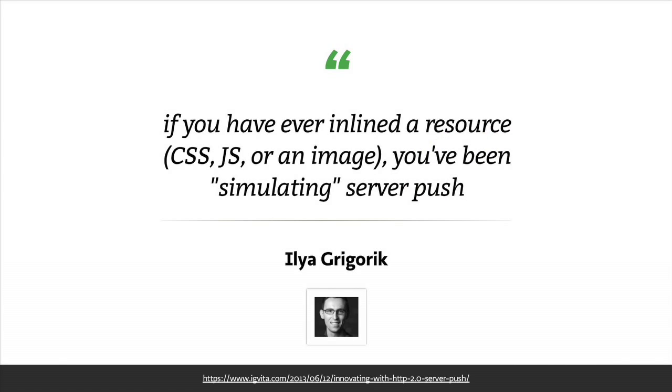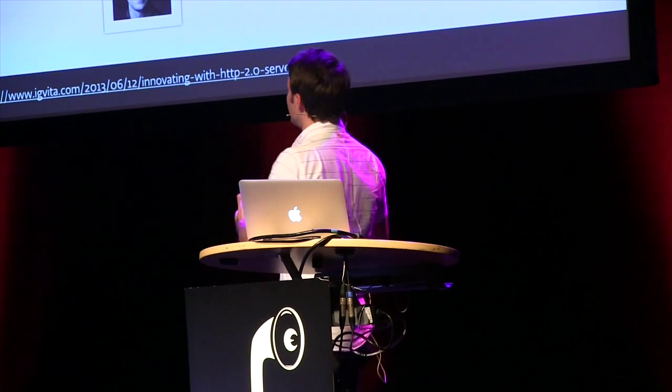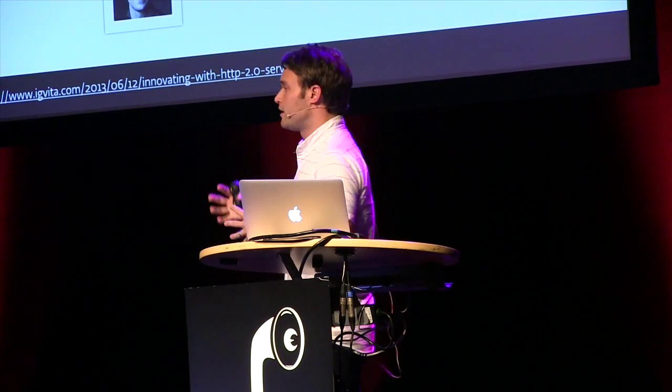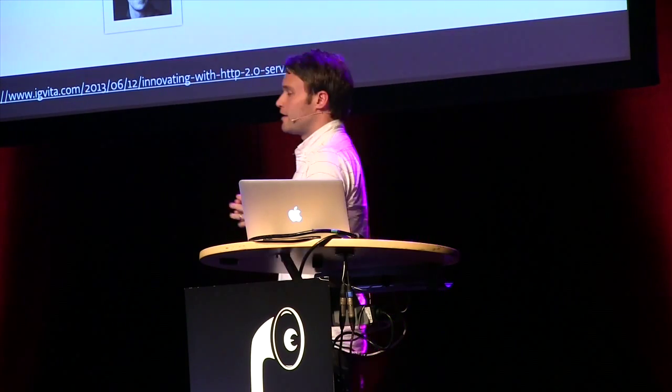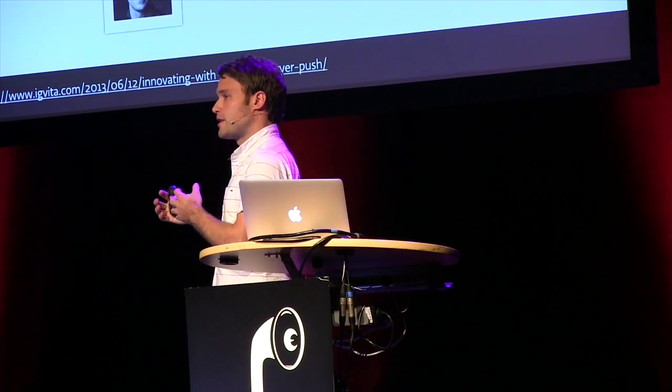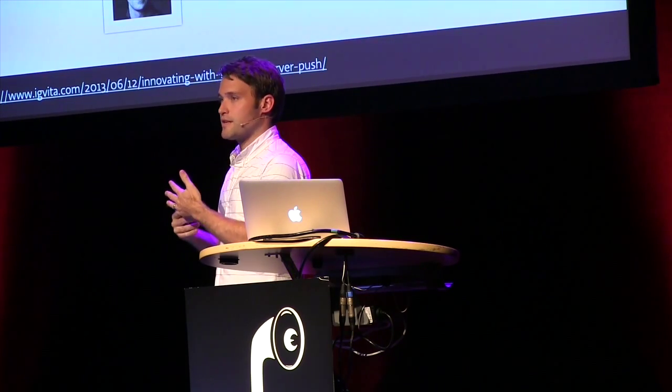Ilya, again, has a nice article talking about this feature of HTTP 2 called server push. And he basically says anytime you've inlined a resource, like, say, inlining CSS into the head of your page, you're mimicking server push. This is a feature of HTTP 2, which is really cool. At a basic level, you make a request for the home page of a website, and the server knows that when you need that page, you also need these series of assets to come with it.